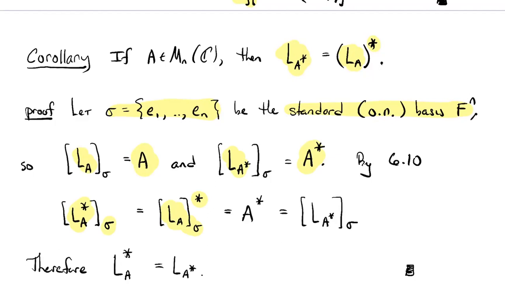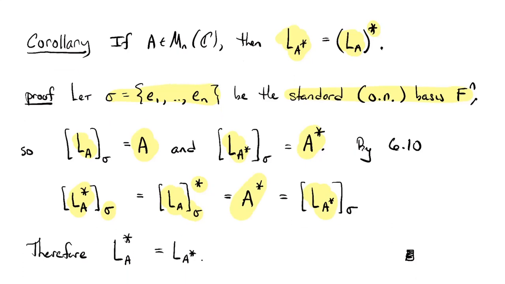But the matrix of L sub A in the standard basis is A, so the adjoint matrix is A star. We've written above that A star is the matrix in the standard basis of the linear operator left multiplication by A star. So if the two matrices in this orthonormal basis are the same, then the linear operators are the same. Nice.